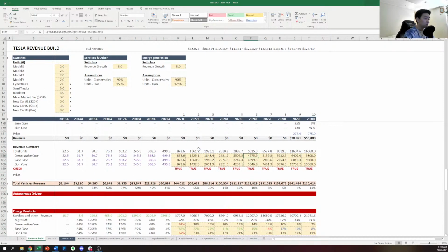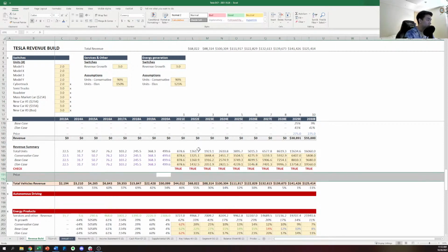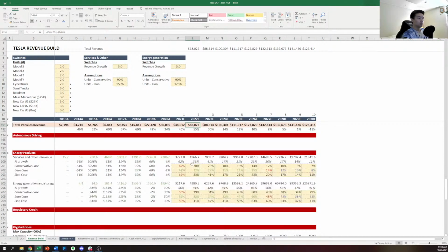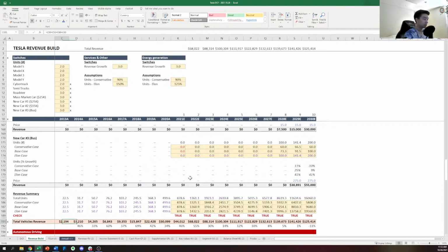Okay, so we got our total units. Don't need the price. We are almost there.